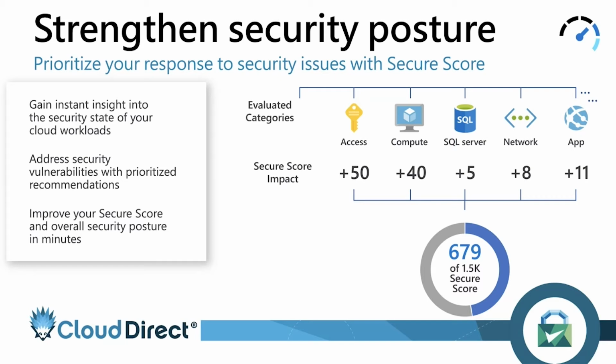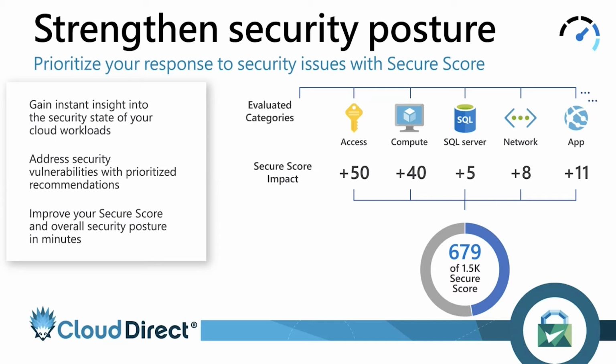Depending on how they're configured, what vulnerabilities lie within the configuration of these services, and how they're prioritized will give a score. You can see there access has got +50, whereas the SQL server there is +5.